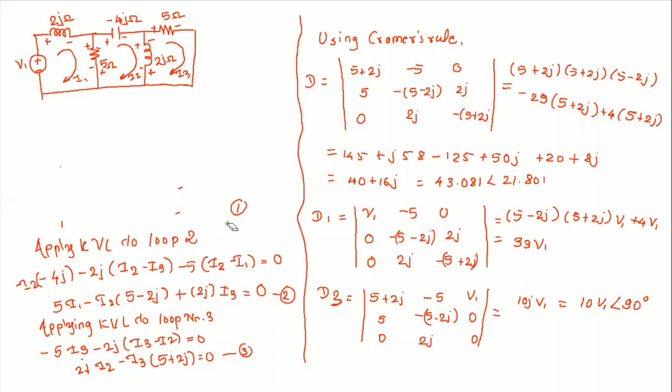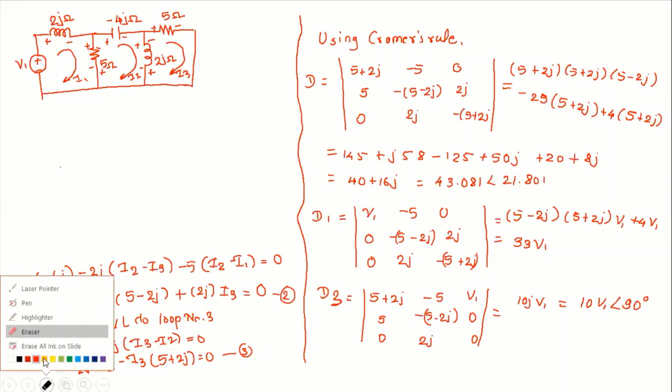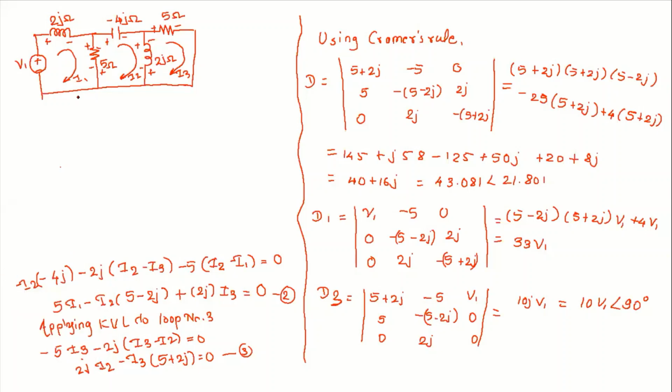It can be written as I1 is equal to D1 by D, then I3 is equal to D3 by D.